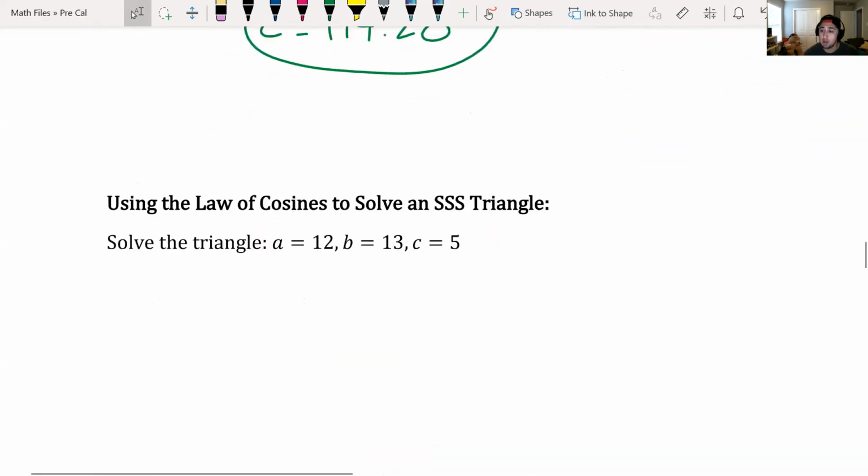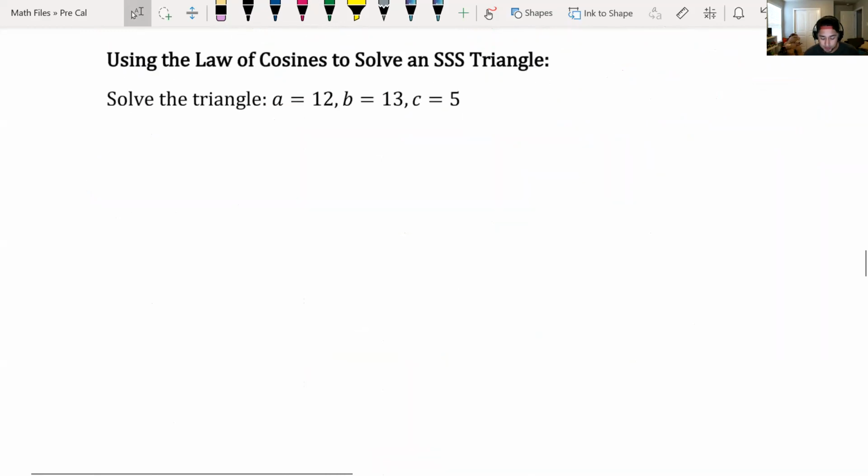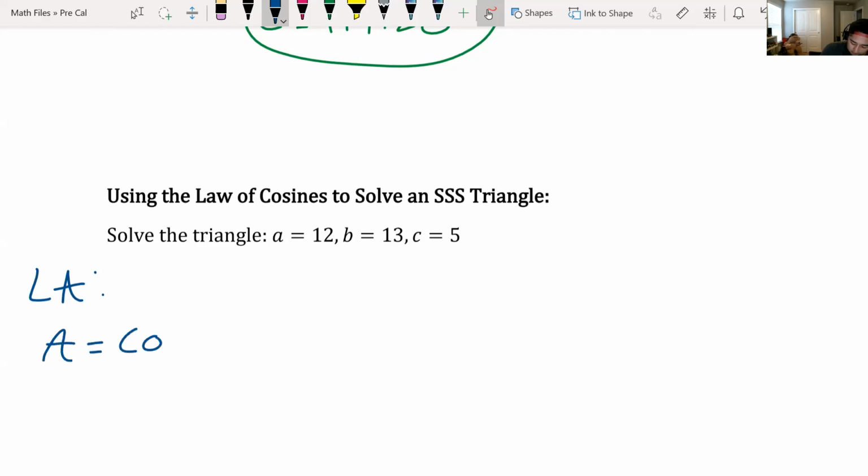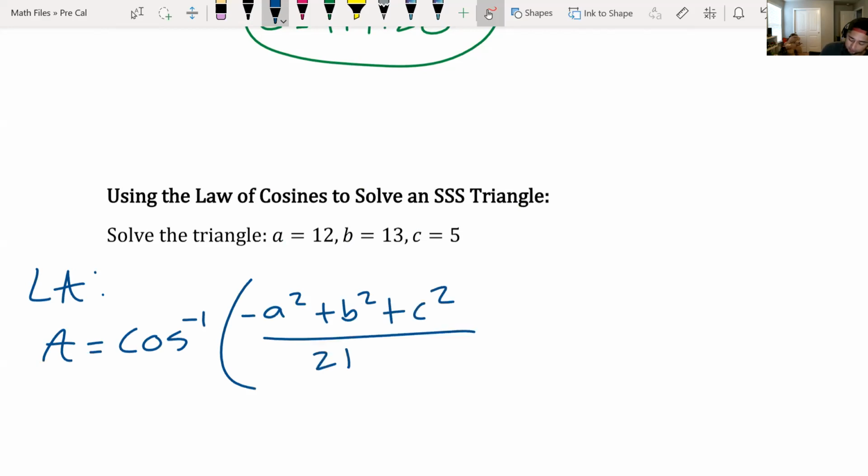Okay. One more time. There's A, B, and C. So let's do it. Angle A. Cosine inverse of negative a squared plus b squared plus c squared over 2bc.